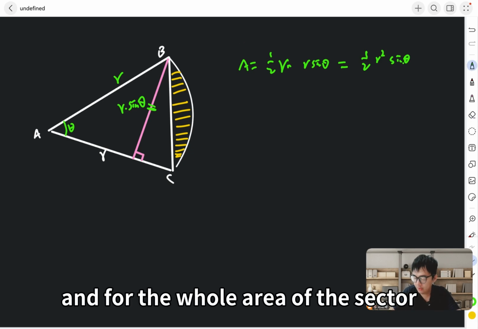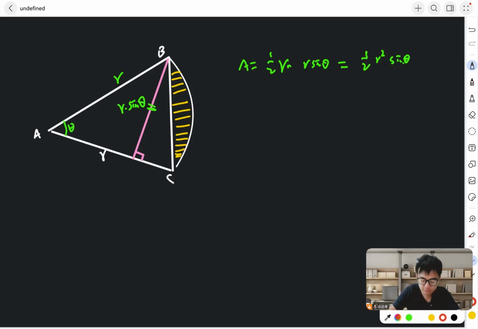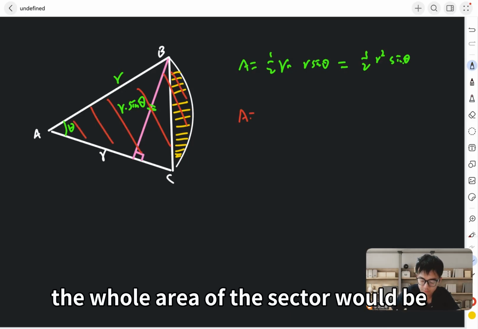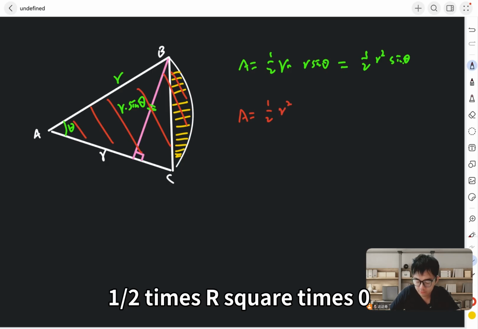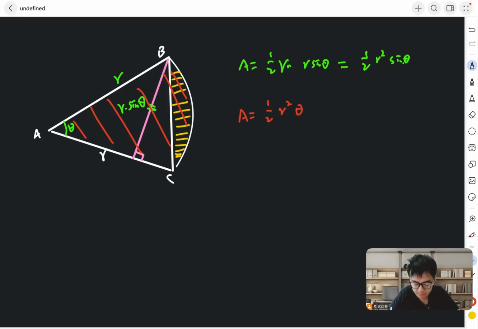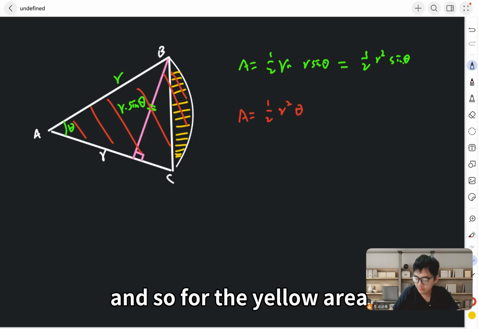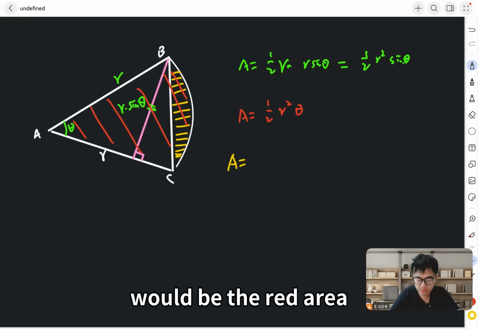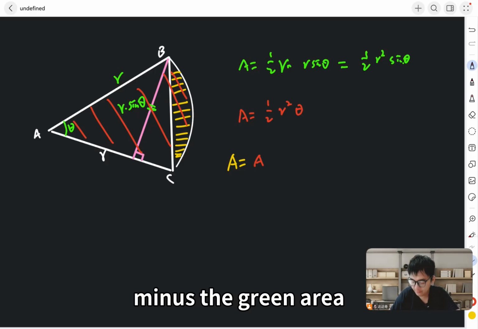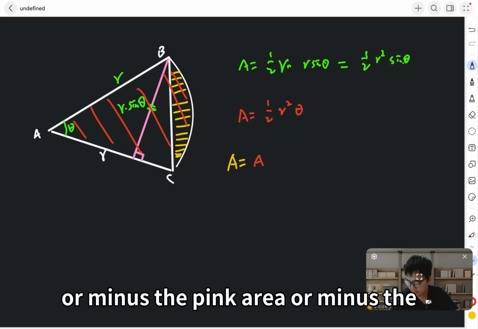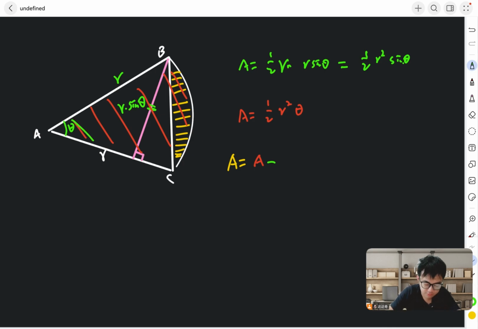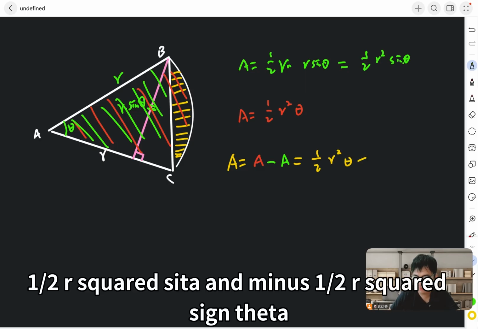For the whole area of the sector, it would be 1/2 times r squared times theta. So the yellow area would be the red area minus the triangle's area. It would be 1/2 r squared theta minus 1/2 r squared sine theta.